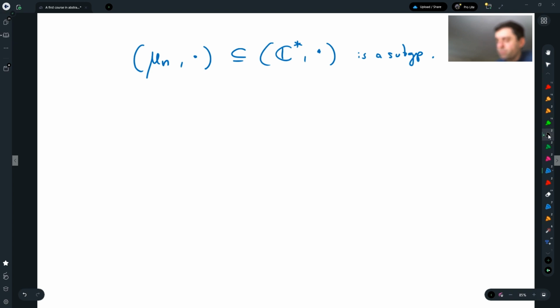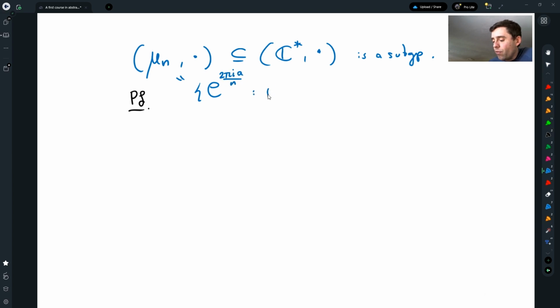So let's prove it. First of all, let me copy down here that mu n is all those complex numbers e^(2 pi i a/n) for a between 0 and n. So mu n is non-empty.